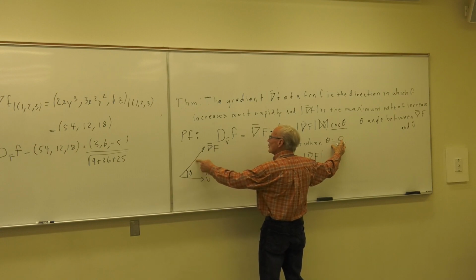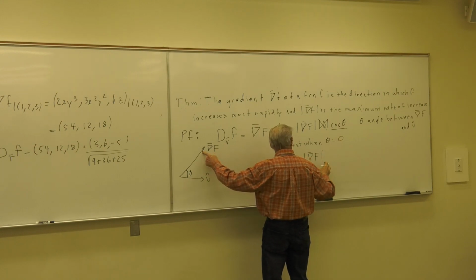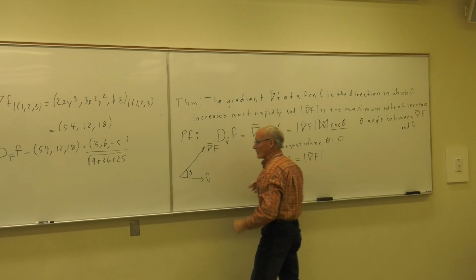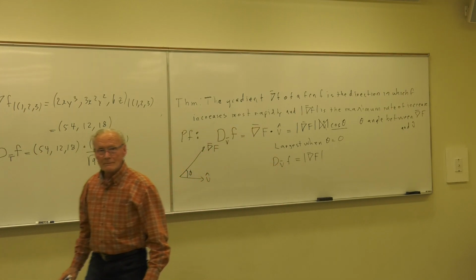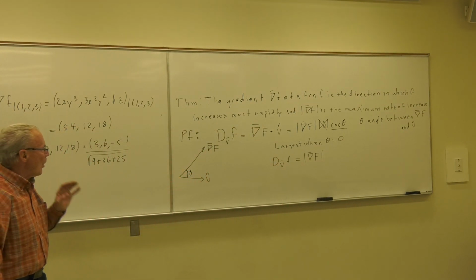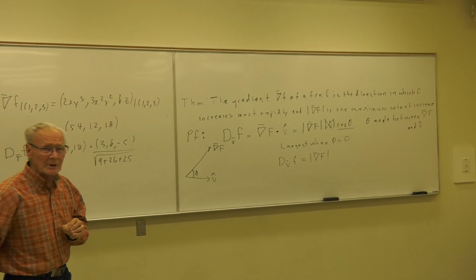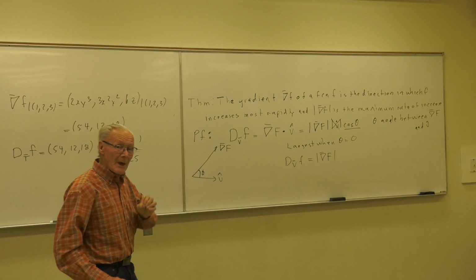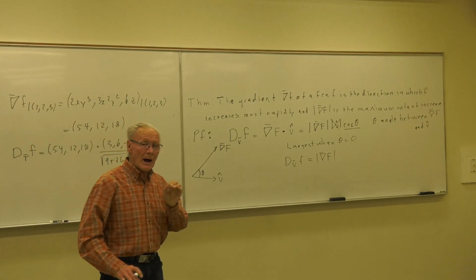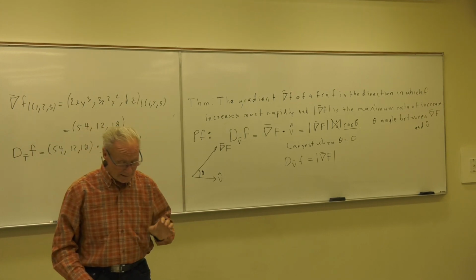That means v is along the gradient, and how big is it along there? There it is, and that's exactly what the theorem said. The gradient points in the direction in which the function increases most rapidly, and the rate of increase in that direction is exactly how long the gradient is.